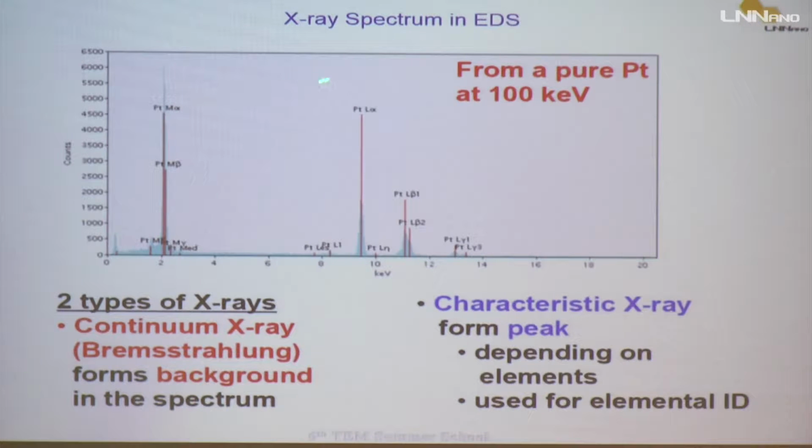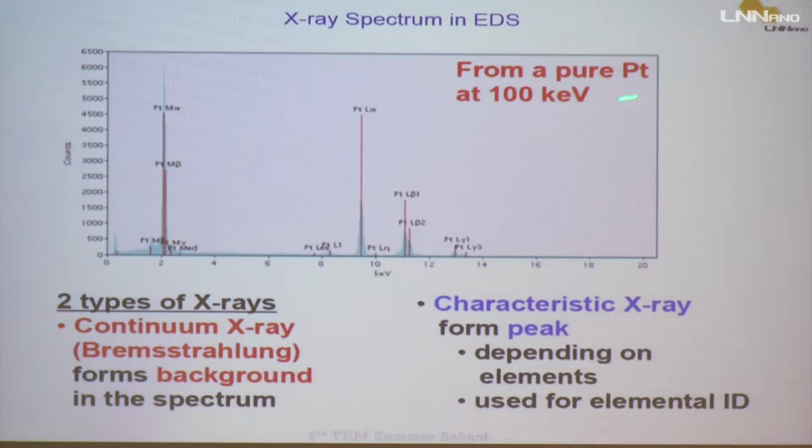This is one X-ray spectrum, okay? It was acquired by a specific kind of detector, the energy dispersive spectrometer. We will see something about it in some moments, okay. Well, here is the spectrum.